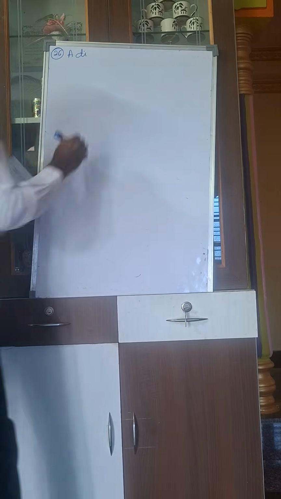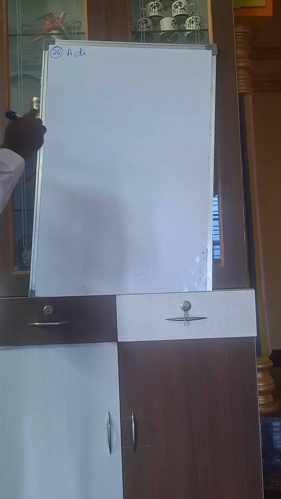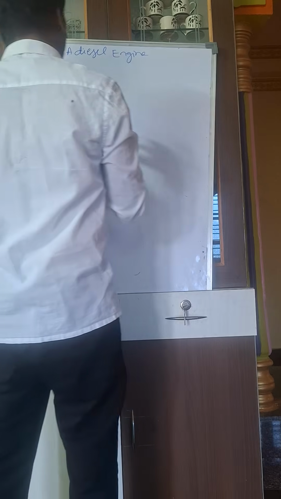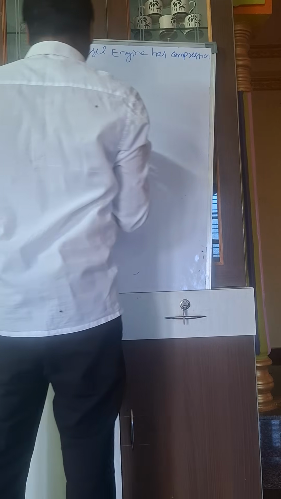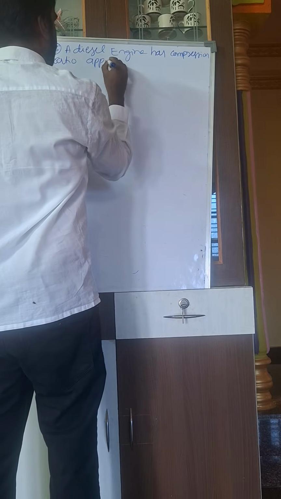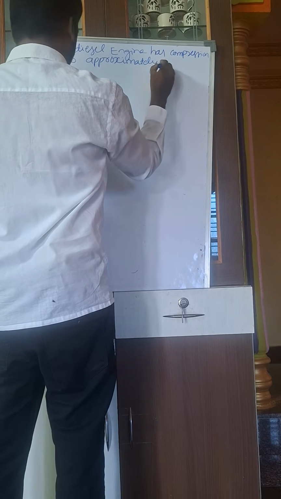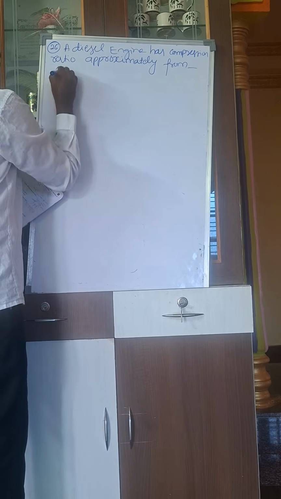26th. A diesel engine has a compression ratio of approximately... First one, 5 to 10.